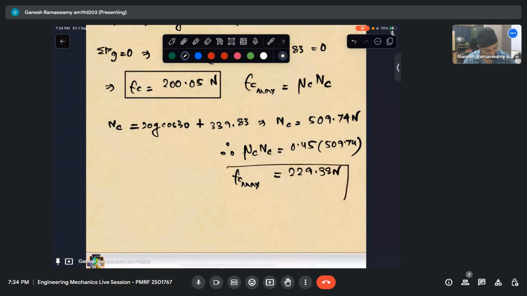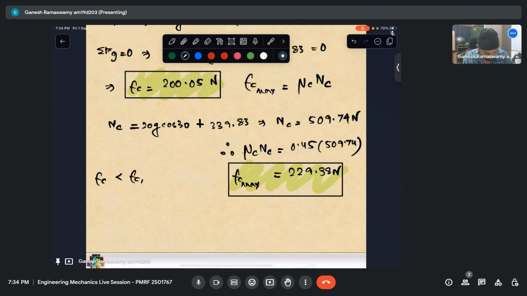So Fc max we have got, Fc we have got. This is Fc max, this is Fc. So we can see that Fc is indeed less than Fc max. Therefore, box C indeed is not moving.